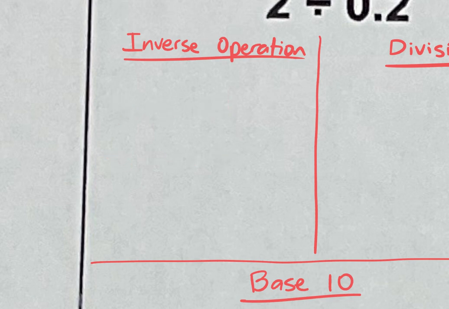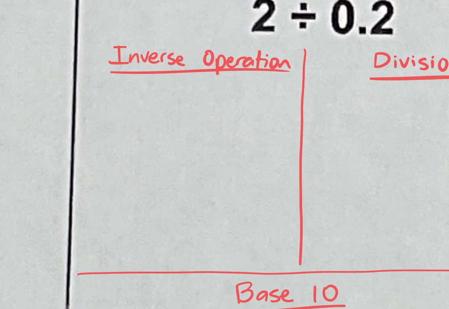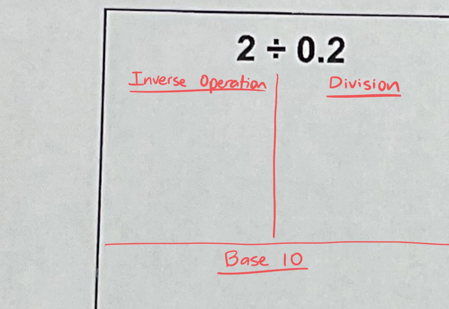So with that knowledge, instead of 2 divided by 2/10, we can do 2/10 times something gives me 2, right? Because it's the inverse operation. So as we think about this, we're thinking, how many groups of 2/10 can we have to give us 2 wholes? What can we multiply 2/10 by to get 2 wholes?